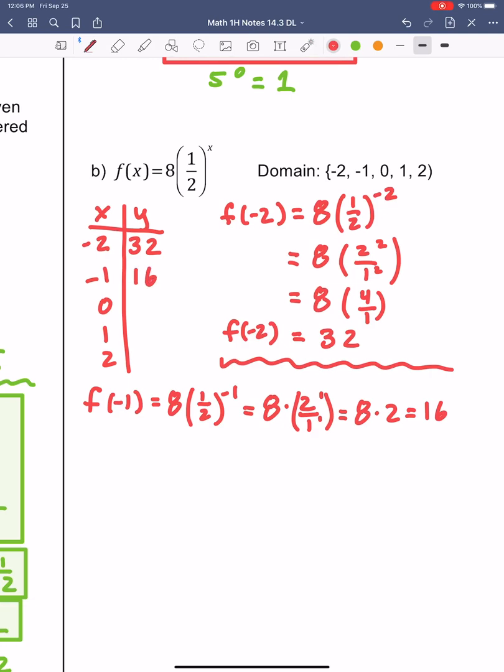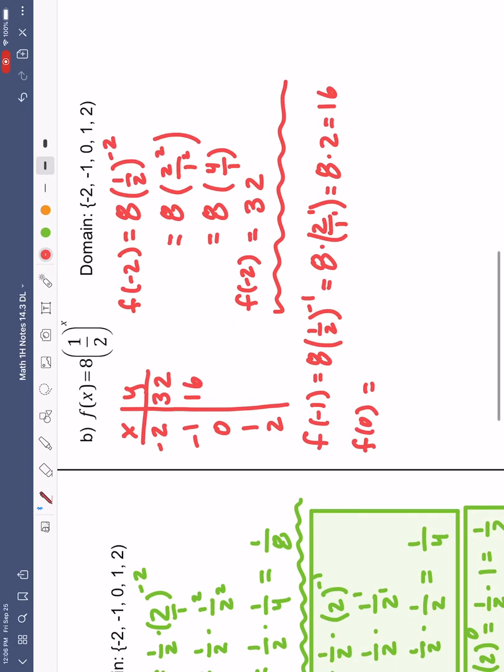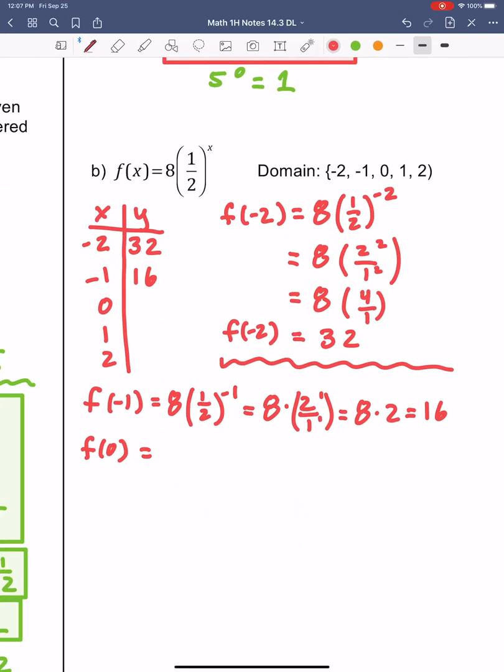We'll keep going here. F of 0. So now I'm punching in 0 for x. So we're going to end up with 8 times 1/2 to the 0 power. Remember, we said anything to the 0 power is 1, even if it's a fraction. So I get 8 times 1, and that just gives me 8. So I'll add that to my table.